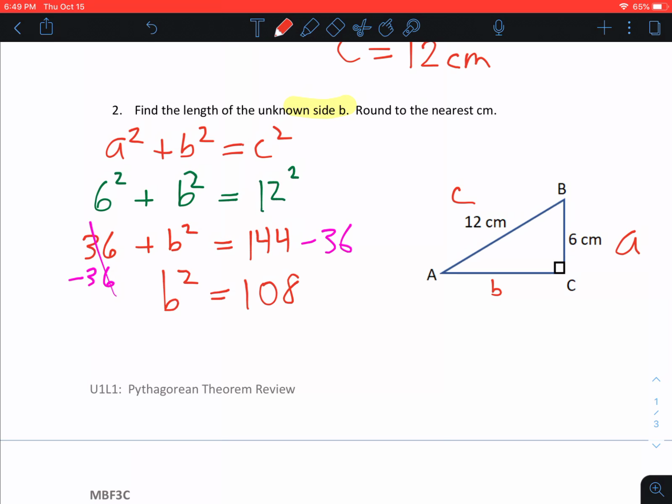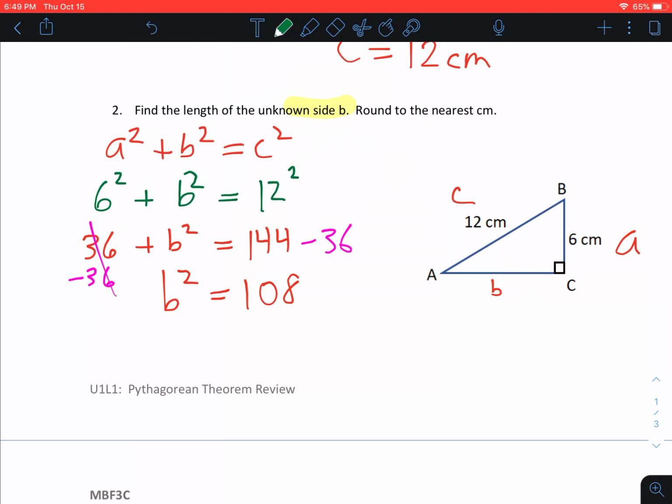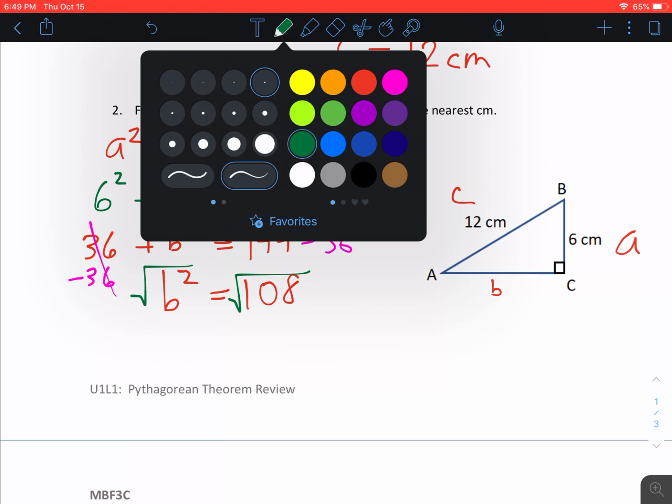Okay, now we have B squared equals 108, but I don't want B squared. I want just B. So to get B from B squared, we take the square root. And I'm going to take the square root of both sides because this is an equation.